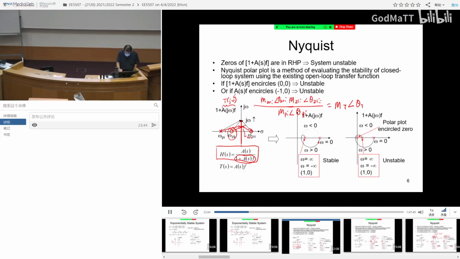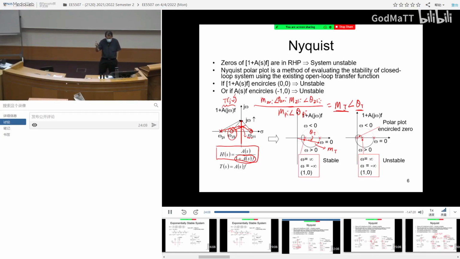After finding omega 1, I obtain a certain magnitude and a certain angle. So I will plot it. This will be my total magnitude, and this will be my total theta. You get the point? That is how I plot one particular omega point.